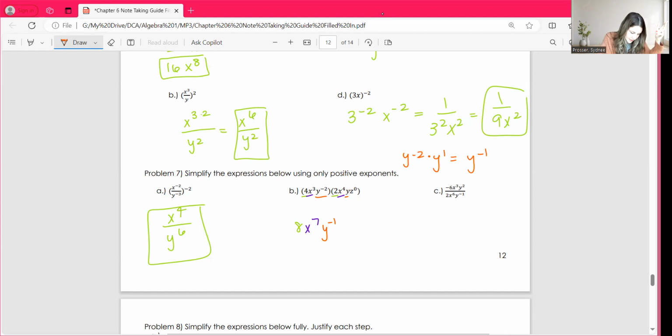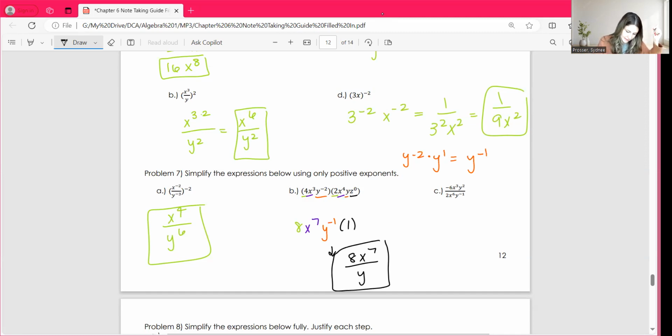And then I've just got the z to the 0 power at the end. We know anything raised to the 0 power is just 1. And the best way for us to simplify this, we've got 8x to the 7th over y to the first power, which gets moved to the denominator because of the negative exponent.